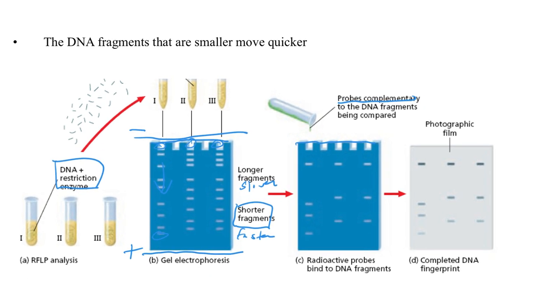And so here's the fingerprints from the 3 persons. This would be person 1, person 2, person 3. Now you can tell that person 2 and 3 are more closely related than person 1 and 2 or person 3 and 1. Because look, these match up almost exactly.